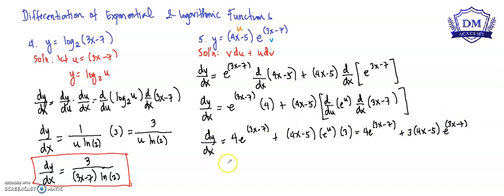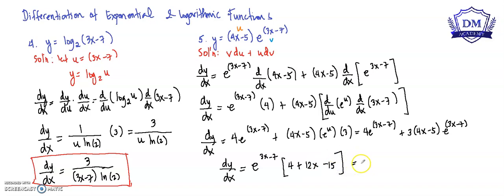Okay, so finally, our dy over dx is equal to, we have a common factor here, which is e raised to 3x minus 7. That is e raised to 3x minus 7, multiplied by 4 plus 3 times 4x, that is 12x, then minus 15.